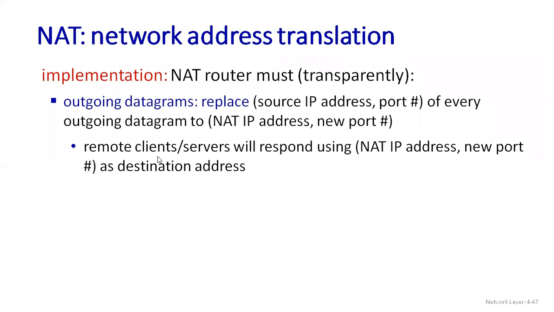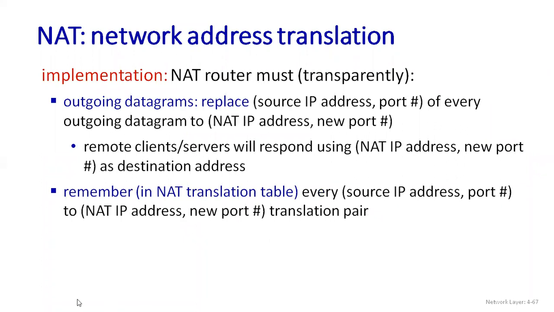One more thing is also there: how your remote clients or servers will respond. They will respond through your NAT IP address and also the new port number, because that will be your destination address. If you want to remember any IP address, how are you going to remember? For every source IP address and port number, you have to write the NAT IP address and new port number.